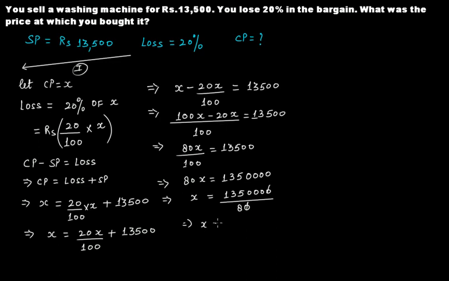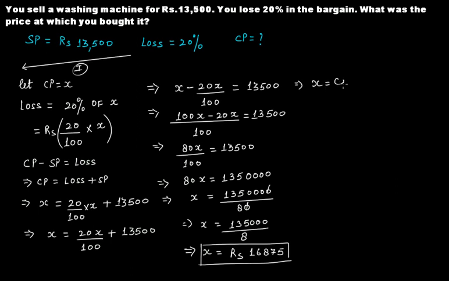This becomes x is equal to 1, 3, 5, and 3 zeros over 8. So let's divide this. If you divide this, you get x is equal to rupees 16875. So this x is what? X means cost price. Therefore, the cost price is rupees 16875.